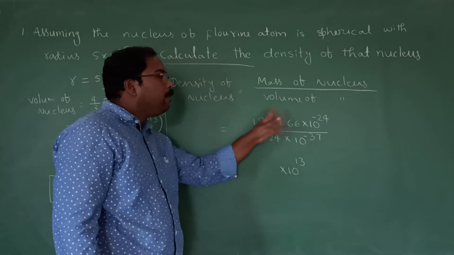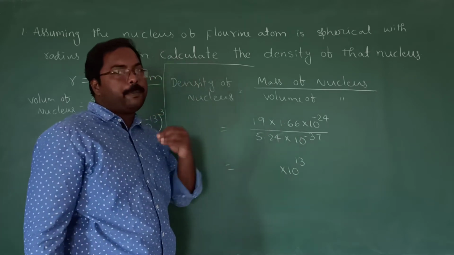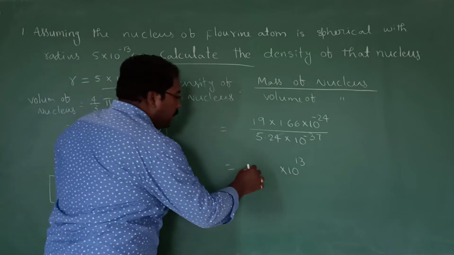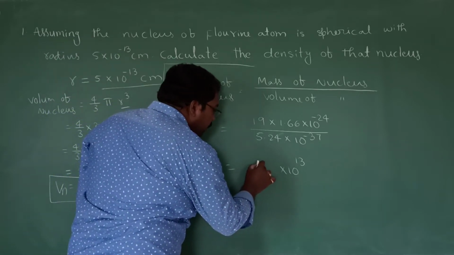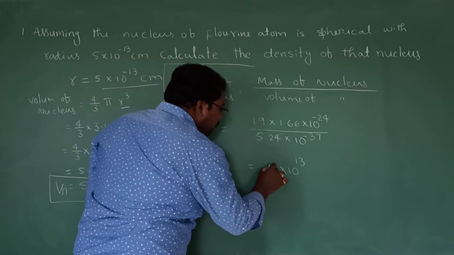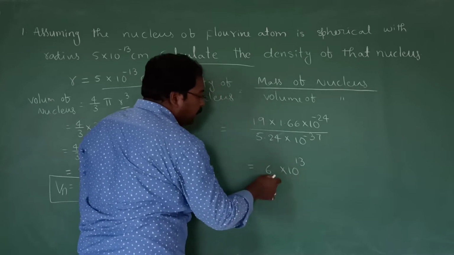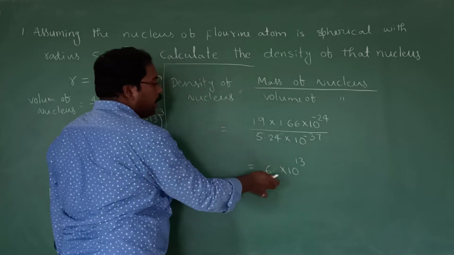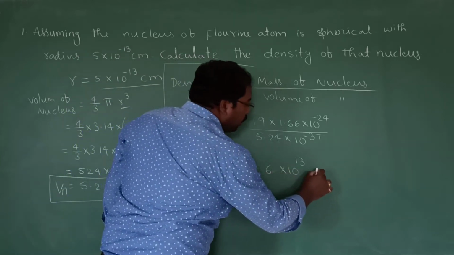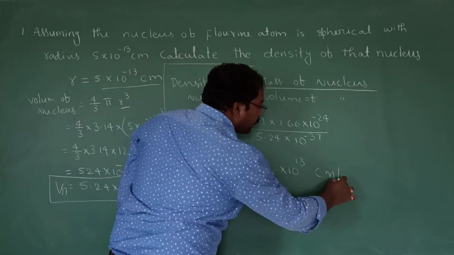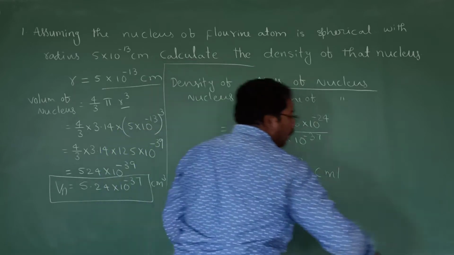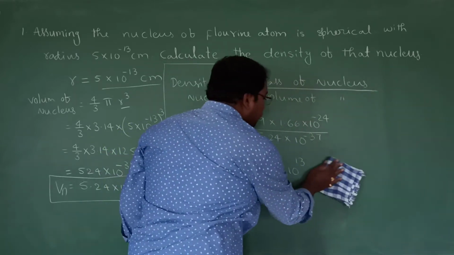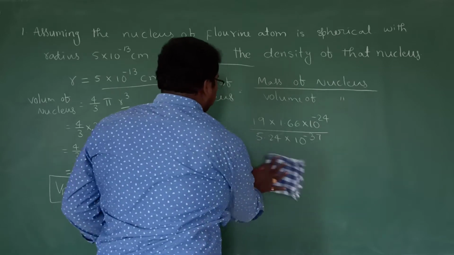So 4 into 1.5 you do, it will be approximately 6. So our answer will be around 6 point something, or 6.2 or 6.02 approximately. So 6 into 10 to the power 13 gram per centimeter cube.